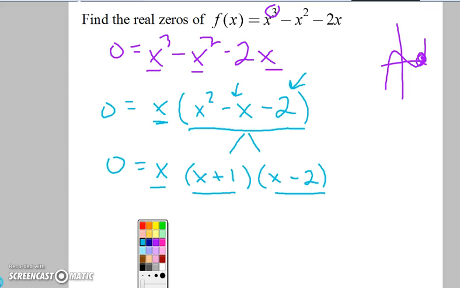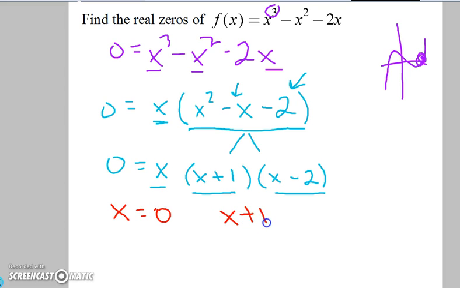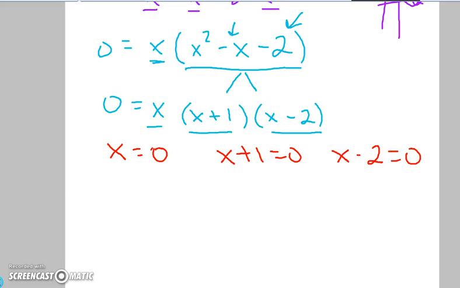And now to finish solving that, all I have to do is set each factor equal to 0. X equals 0, x plus 1 equals 0, and x minus 2 equals 0. And when I solve those, I get x equals 0, I get x equals -1, and x equals +2.